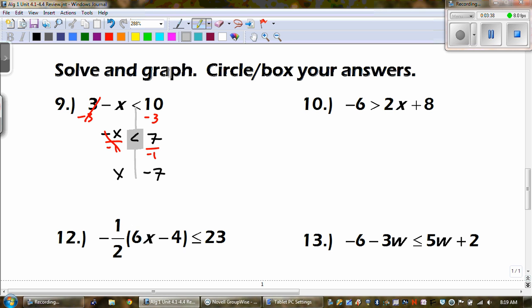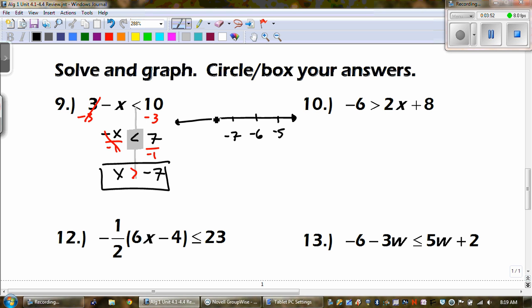And anytime you divide by a negative, we have to flip the sign. So x is greater than or equal to -7. So there's -7, -6, -5, -8, -9. Open at -7, and we want everything greater, so I'm shading to the right.